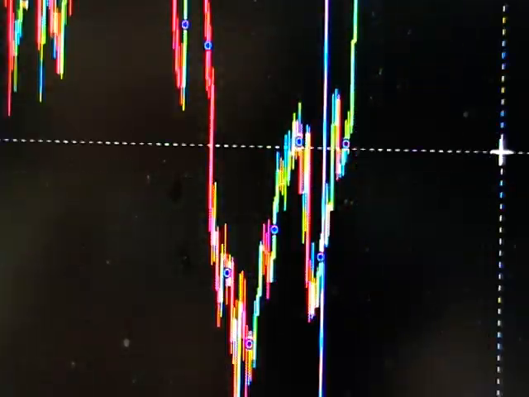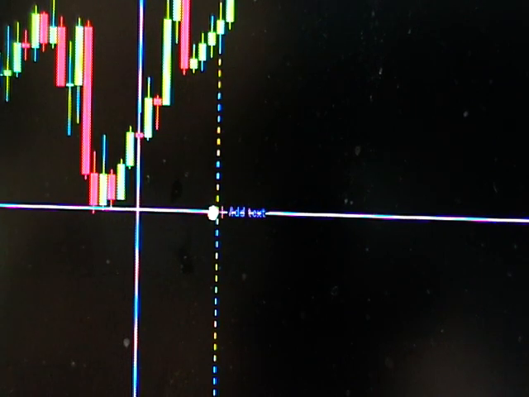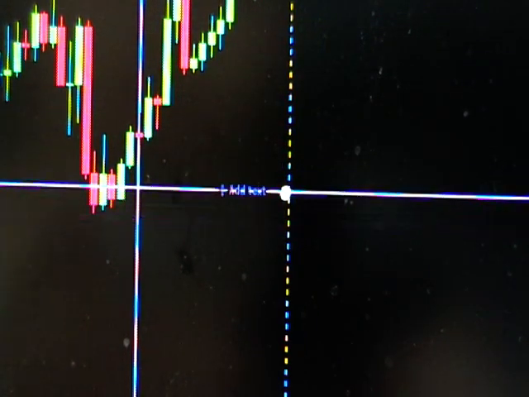Try for another one. Right here. So yeah. Here we go. Right here we made a low, then a high, then a lower low, then a high, then a no, we didn't. We had a higher low and then a high, and then it broke the trend.